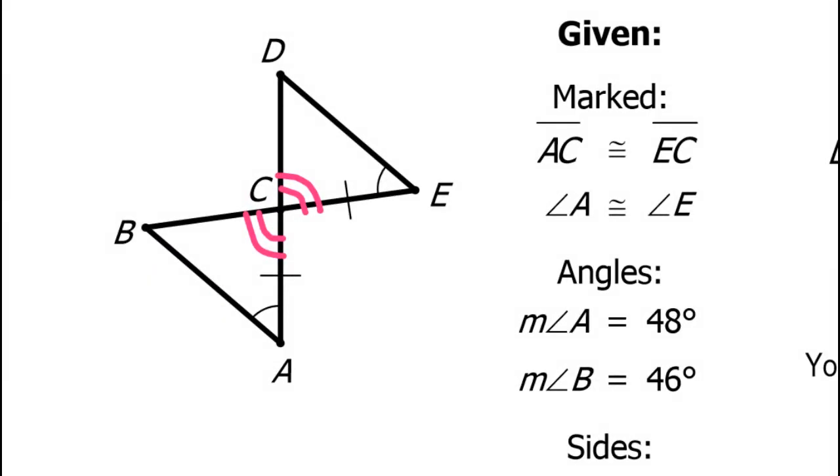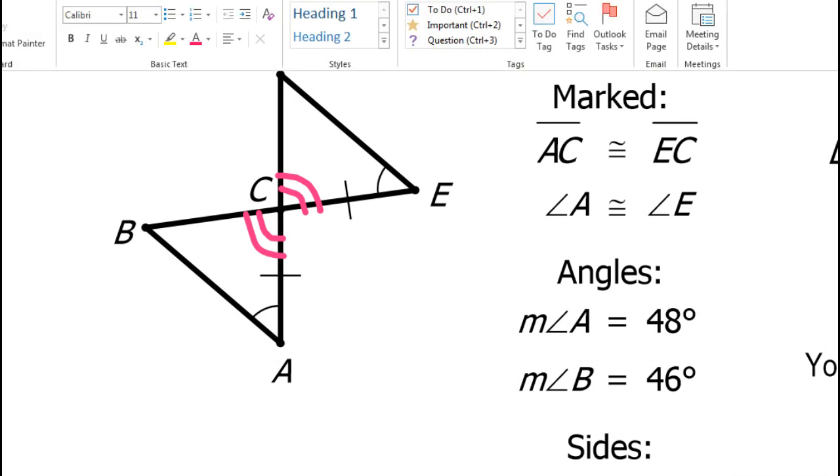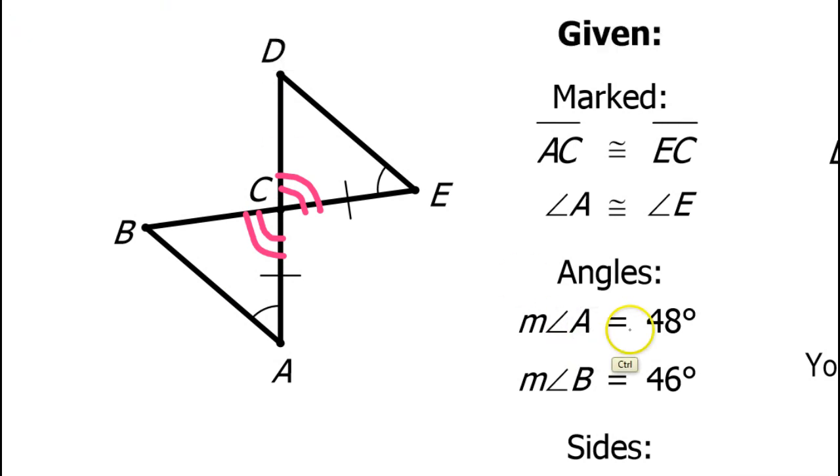All right, let's fill in some additional information. Angle A is 48, so that means this is 48 right here. Angle B is 46, so that means this is going to be 46 right here.